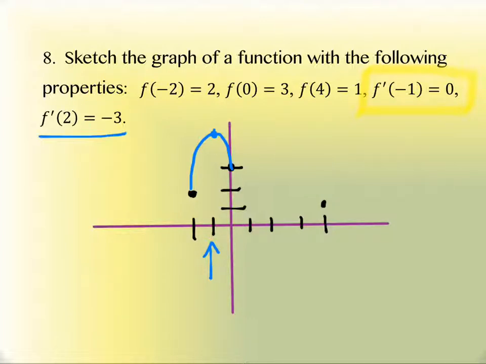The next piece tells me that at f prime of 2, so at x equal to 2, right here, I need to have a slope value of negative 3. So a slope of negative 3 just means that the graph is decreasing. Now I know it's very specific. It actually says negative 3. The negative part is the part that we're caring about: as we are at 2, the graph is decreasing.